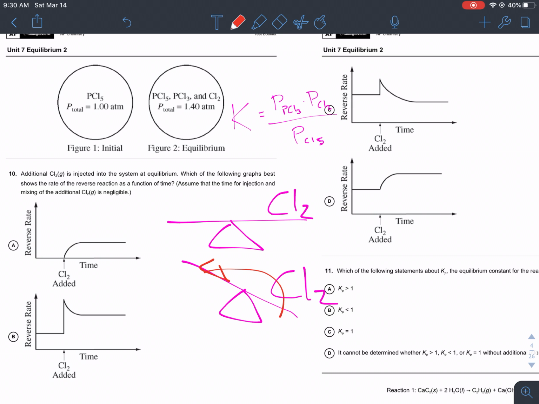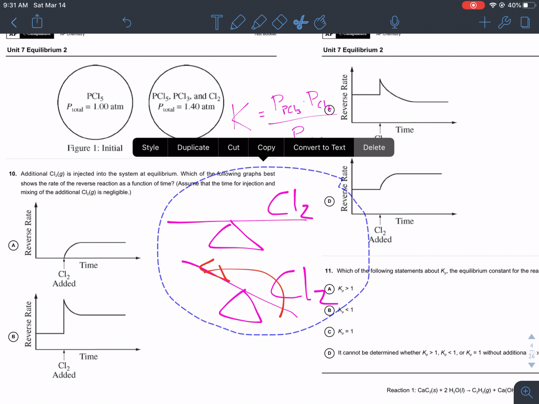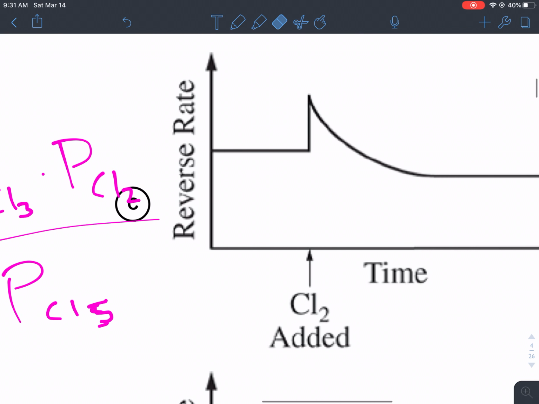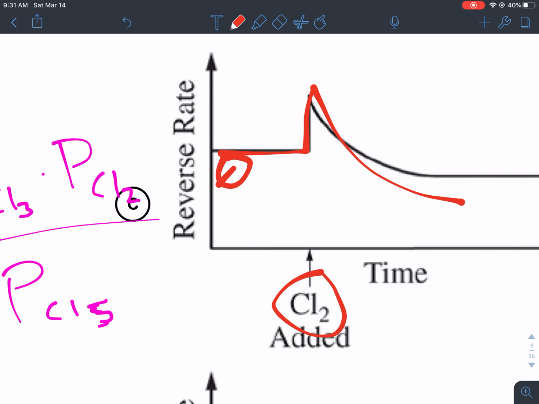Now, I didn't really like the way this graph was drawn because initially, how much Cl2 did you have? Well, initially we had 0 Cl2. So it couldn't be C because if your initial amount over here was 0, it can't go below 0, right? Like you can't have a negative amount of Cl2.